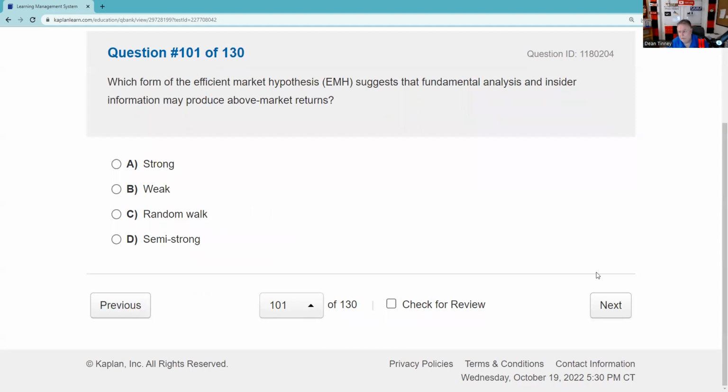Which form are you going to get tested on, the efficient market hypothesis? Yeah, the one that shows up on the test is the strong form, where nothing works.